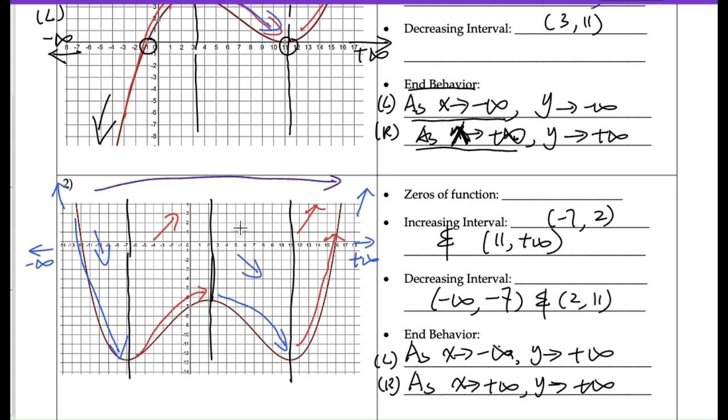It's always starting at the turning point. Now, zeros of the function: this time we have only two values where it intercepts the x-axis, which are -12 and 16. If you cannot see the graph clearly, definitely pause the video and zoom in.